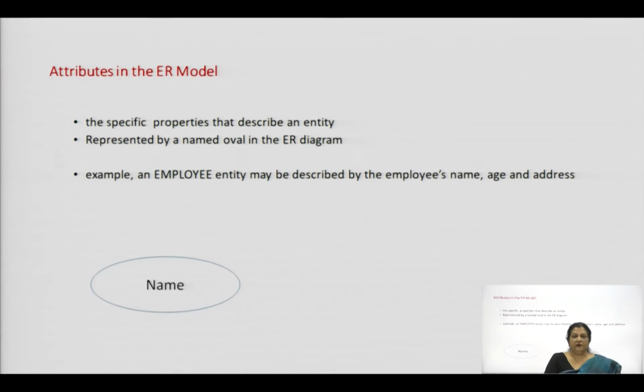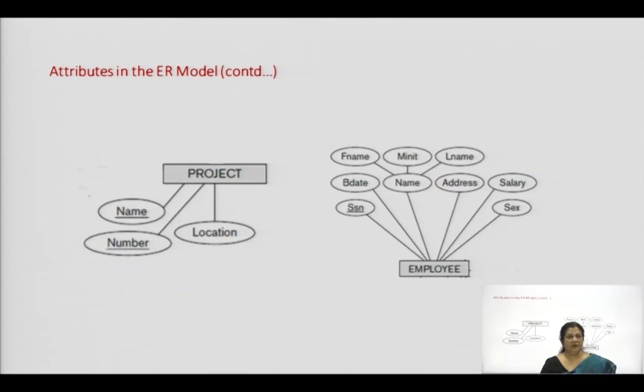Now, what is an attribute? An attribute is the property that describes the entity. An entity can have any number of attributes, and in the ER model we will consider the attributes that are of interest to us. For example, let us say there is an entity project.